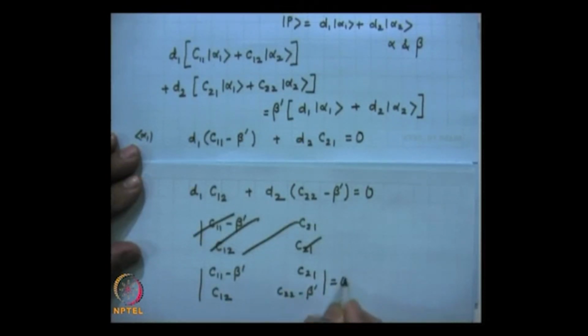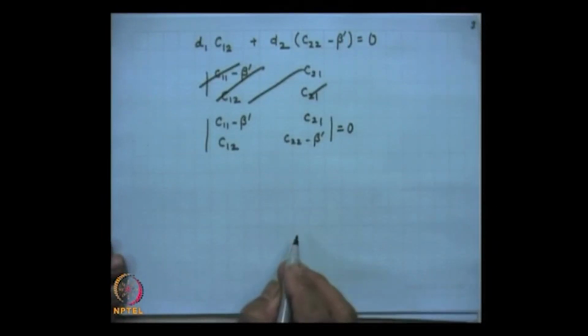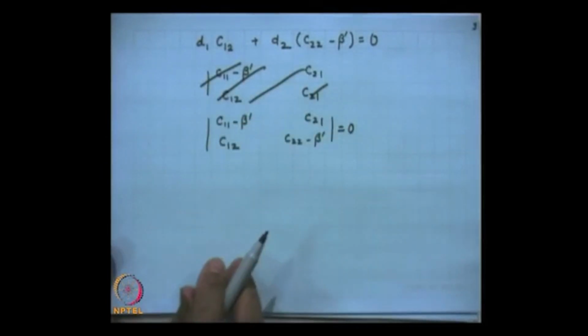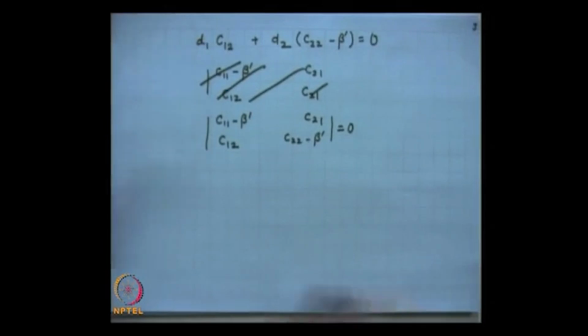This is equal to 0. So, this will give me two values of beta prime, and for each value of beta prime we will have two ratios. So, we can always construct a set of orthonormal eigenkets which are simultaneous eigenkets of the operators alpha and beta. And let me take the same example as we had taken in our last class.